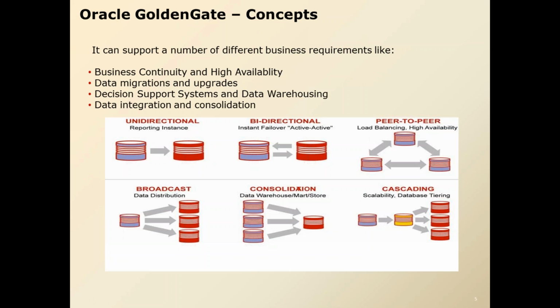Now, what are the concepts of Oracle Goldengate? Goldengate can support a number of different business requirements like business continuity and high availability. With Goldengate, as we discussed, your business continuity is always maintained and your database is highly available.